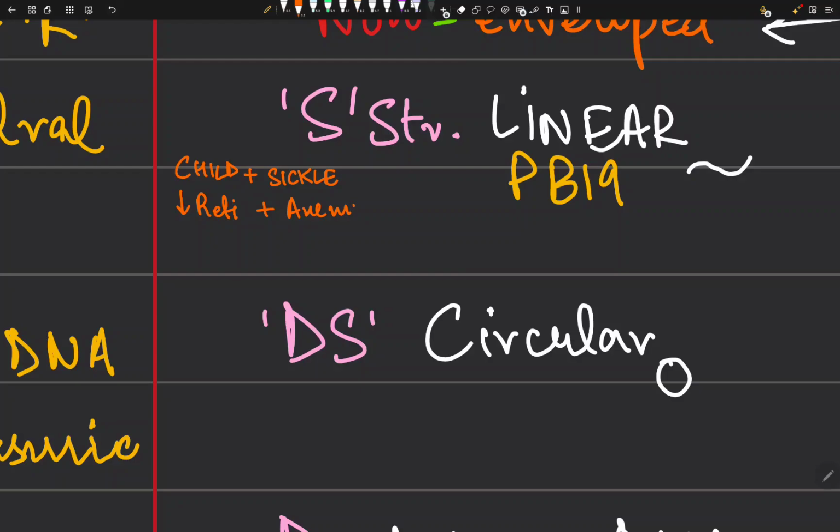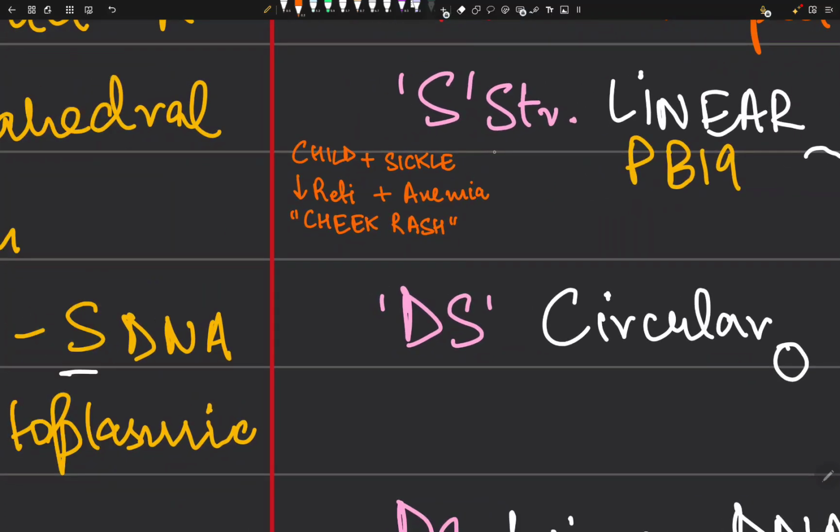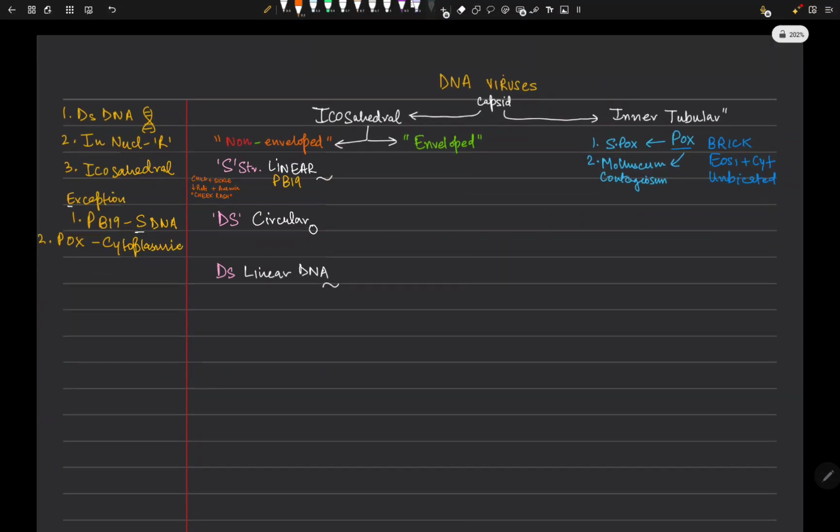Gotta look for them. And very important is the cheek rash. Now it needs that erythroid precursor for rapid multiplication. So cheek rash, that is Parvo B19.